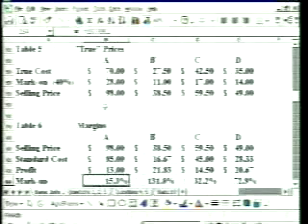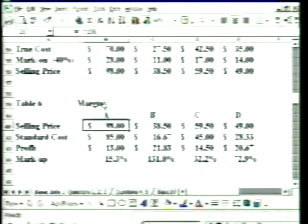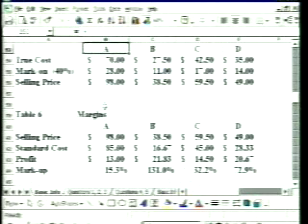Now, we need some way to figure out what the price in the market is, right? The price in the market is we take the true cost of production, which is $70. Where does $70 come from? From table 1, which is $60 of variable cost and $10 of fixed overhead cost, $70 total.